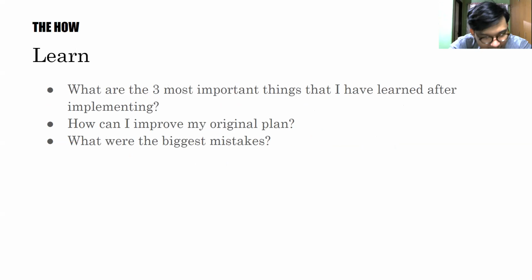So next is learn. After implementing, what's important is that you learn. Learning, again, as I've mentioned before, is characterized by action and characterized by result. In order to learn, you have to go back to your plan and look at what works and what doesn't work. How can I do more of what works, double down on what's working most effectively? What are your biggest mistakes?